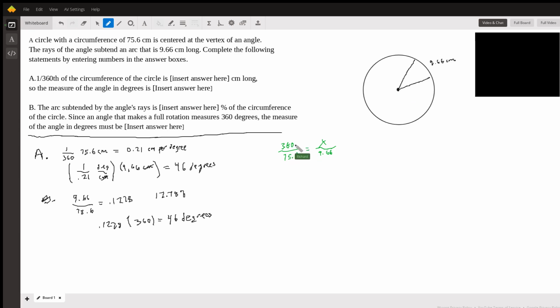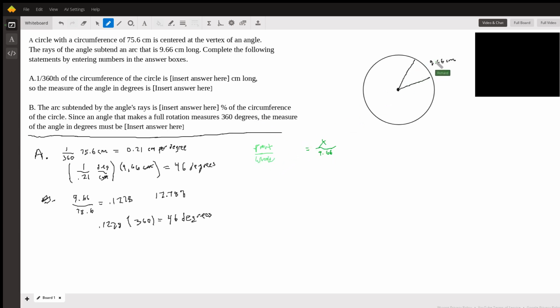I actually have, yeah, you know what? I have whole is to part, so I need to fix this. Excuse me. I'm glad I started looking back here. Yeah, we want part is to whole.